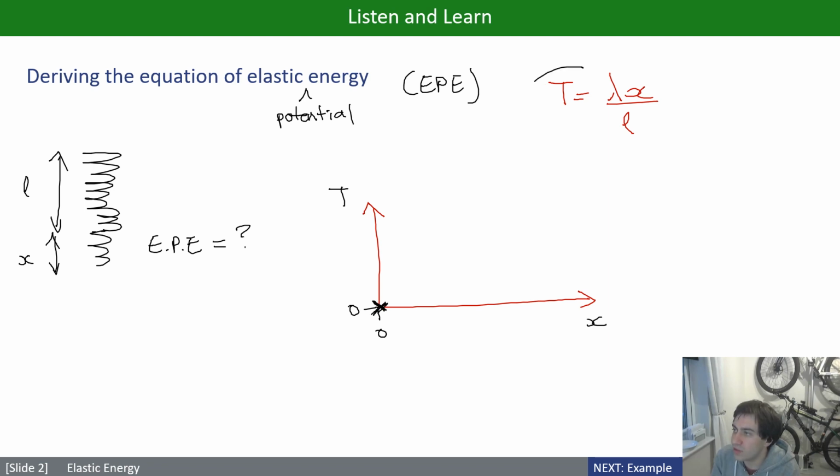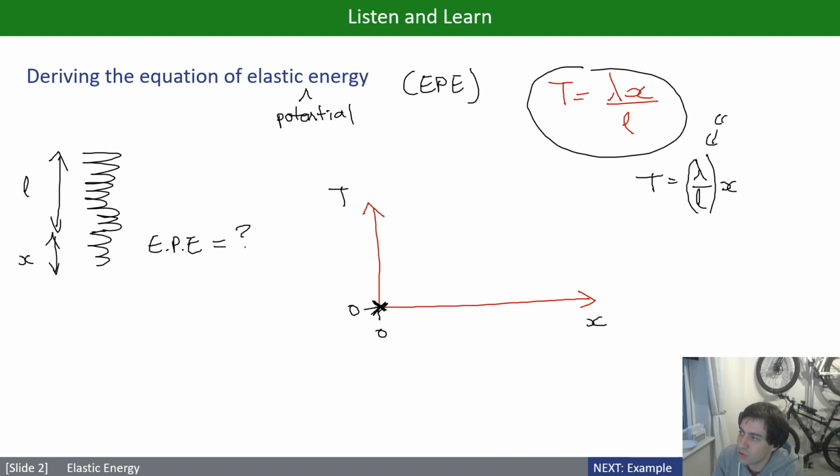And then if we look at this formula, this is effectively just a straight line, isn't it? Because it's lambda over L as the gradient, and these are constants, times x. So it's a straight line with gradient lambda over L, where lambda and L are some constants depending on the properties of the spring. So we'll have something that looks like this. Okay, straight line.